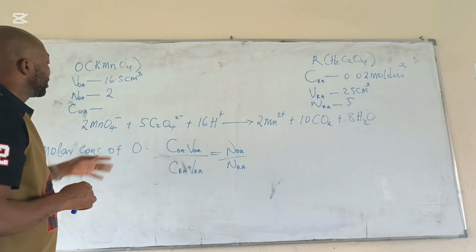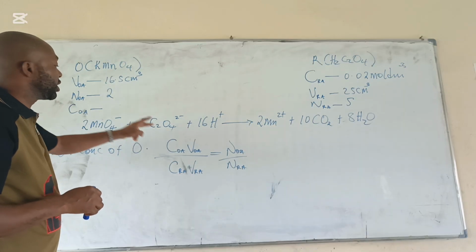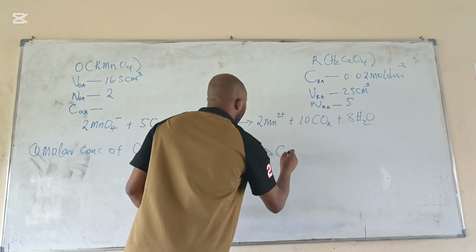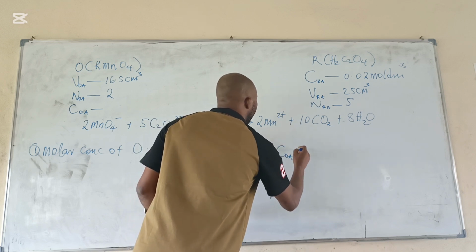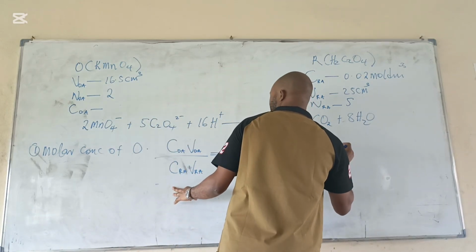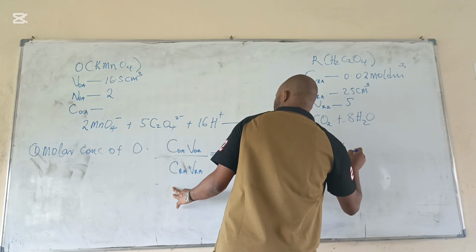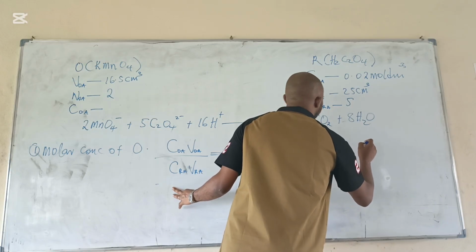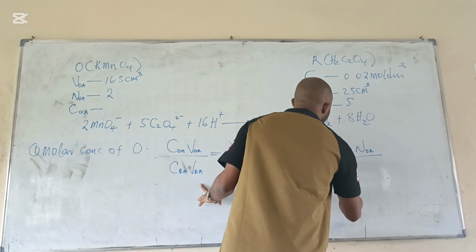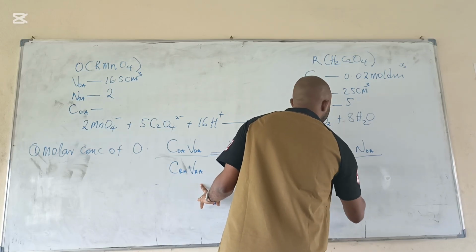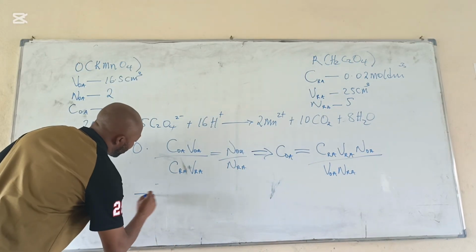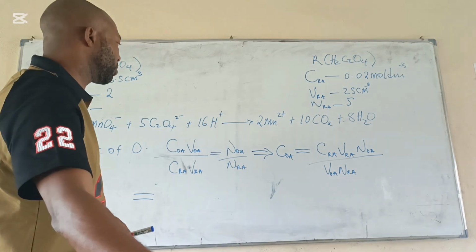Now we want to make the concentration of oxidizing agent the subject. So I can now say the concentration of oxidizing agent will become the concentration of reducing agent times the volume of reducing agent times number of moles of oxidizing agent over volume of oxidizing agent times number of moles of reducing agent. Let's substitute the variables.